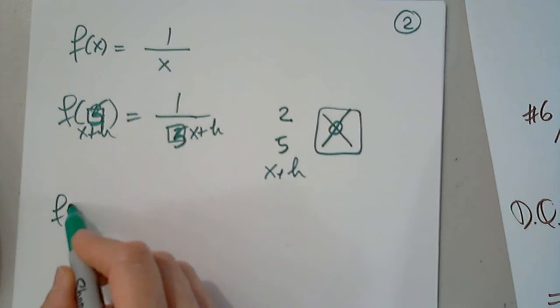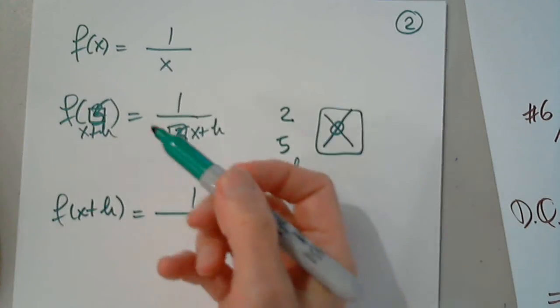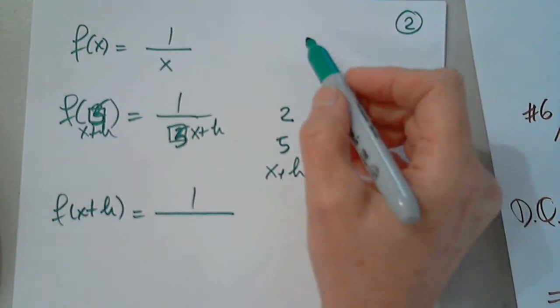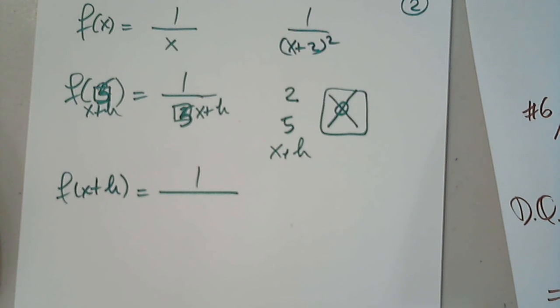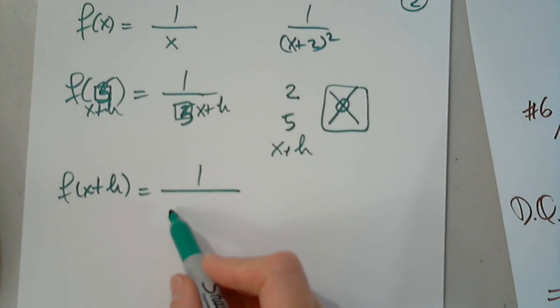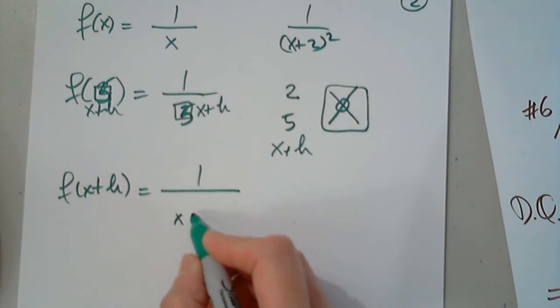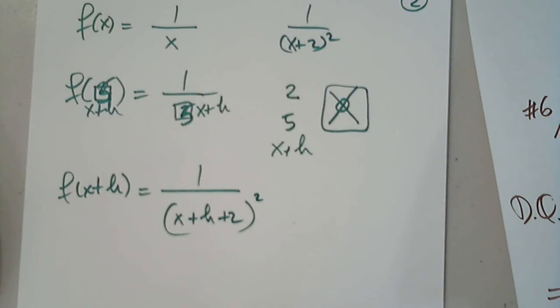So in this situation, what will I get? My function is 1 over x plus 2 squared. What will I write? You would write x plus h plus 2, squared. That's it. That's all I need to do.